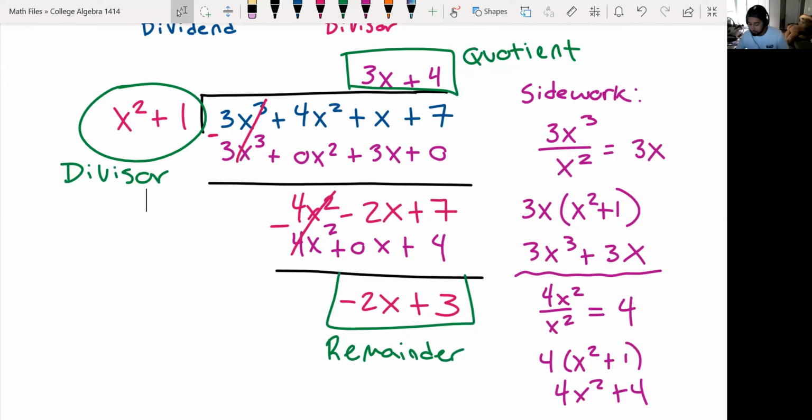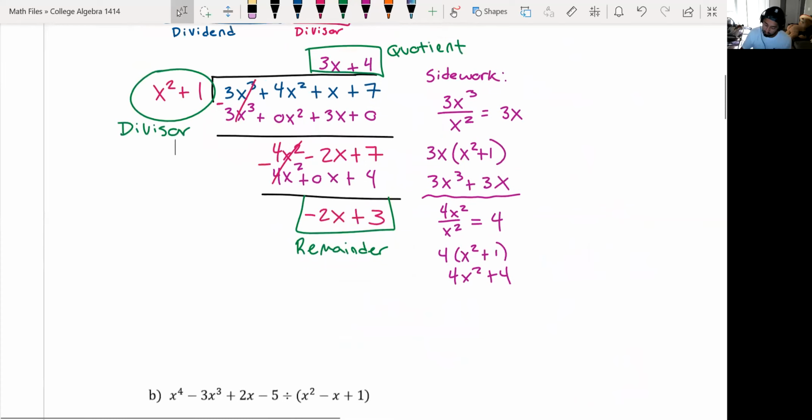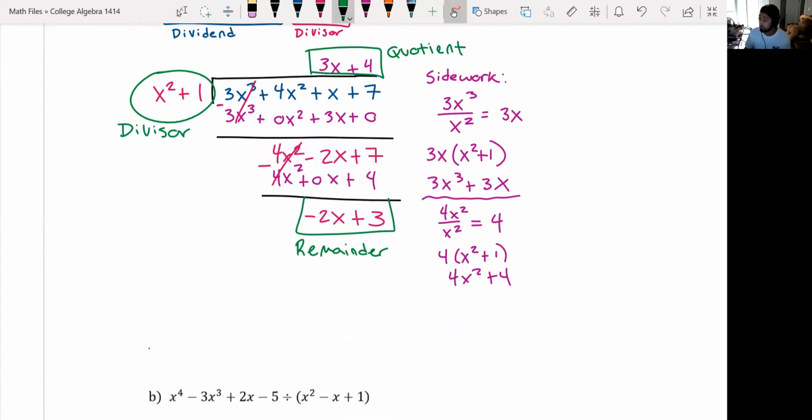So the way we write our answer is we say the quotient, 3x plus 4, plus the remainder, negative 2x plus 3 over the divisor.